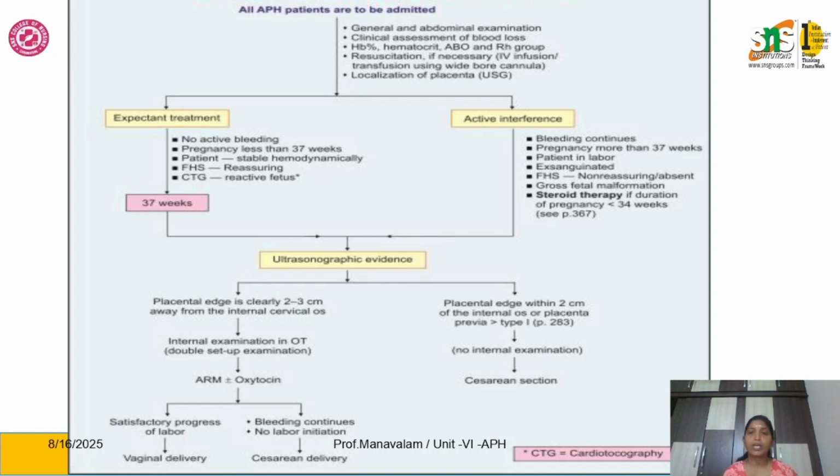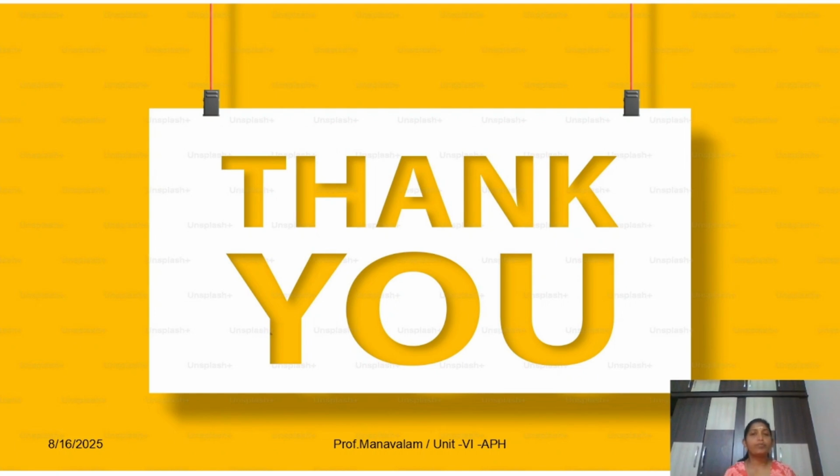On the other side, if the placental edge is within 2 centimeters of the internal os or it is placenta previa more than type 1, we should not do any internal examination, because we could induce further complications to the mother as well as the fetus. It is better to take the mother for cesarean section. So this is how we have to manage the placenta previa patient. I hope everyone understood about the placenta.